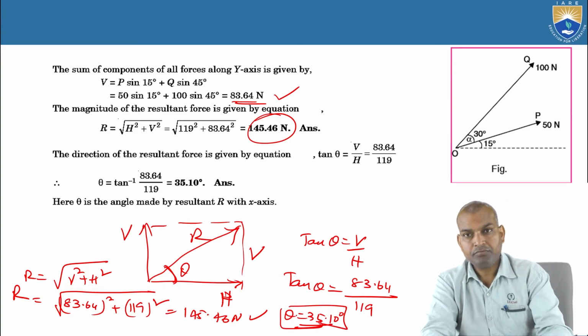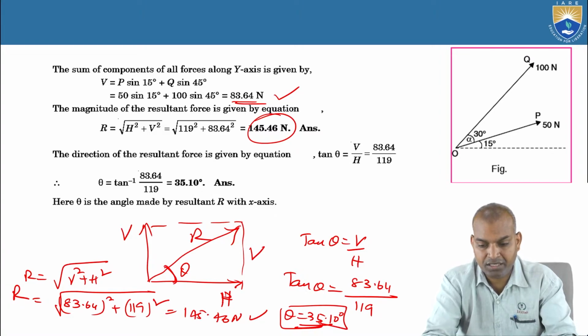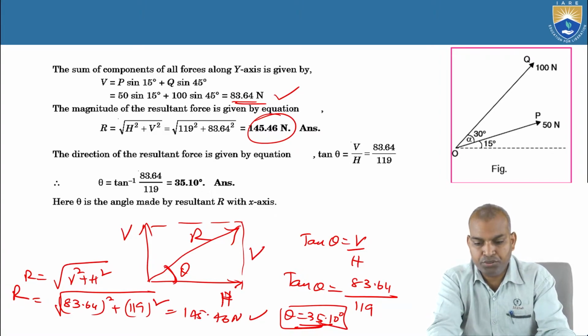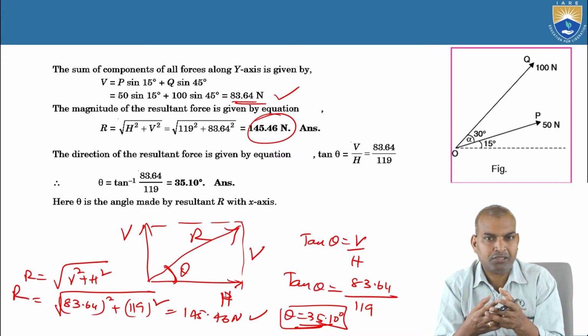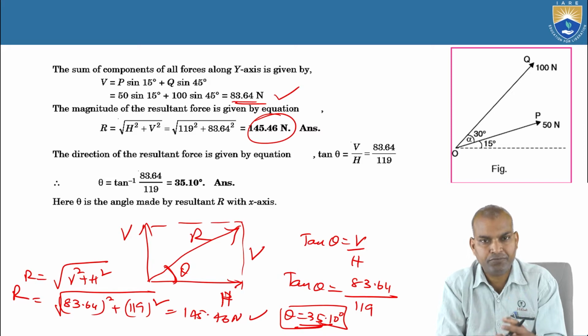So when two forces are acting here, P and Q, 50 newtons and 100 newtons, the effect caused by these two forces is equal to the effect of the resultant force.